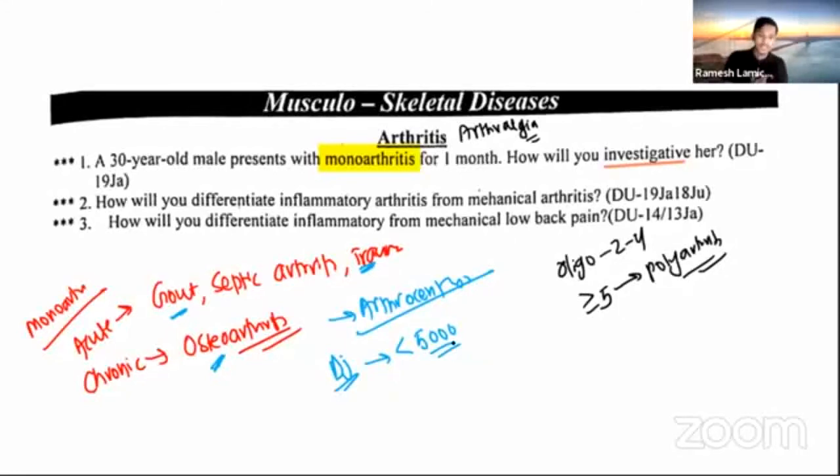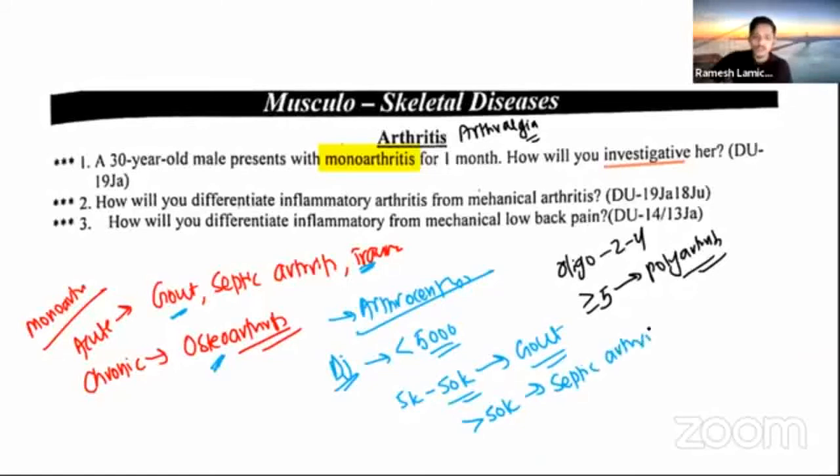If the cells are between 5,000 and 50,000, we think of gout or an inflammatory arthritis like rheumatoid arthritis. If the cell count is more than 50,000, then we go for the diagnosis of septic arthritis. This is how you can differentiate between these three from arthrocentesis.